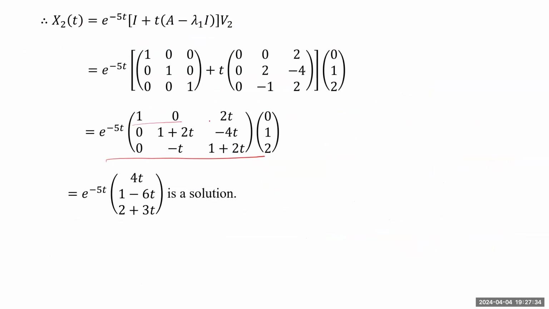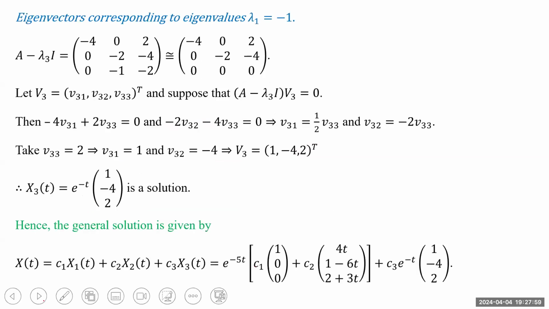So this is a simple matrix multiplication of the two matrices, one of size 3 by 1 and one 3 by 3. Then after simplification, you will get the second solution, right?